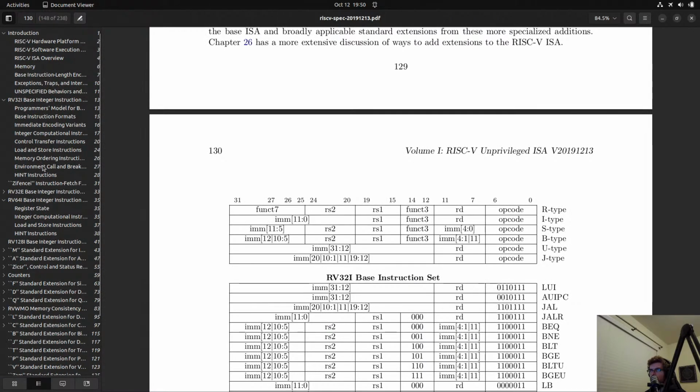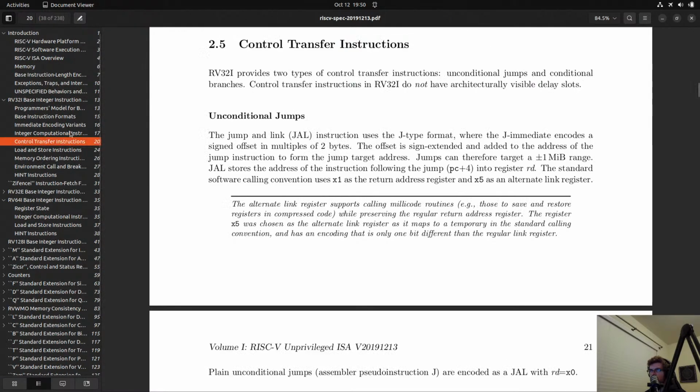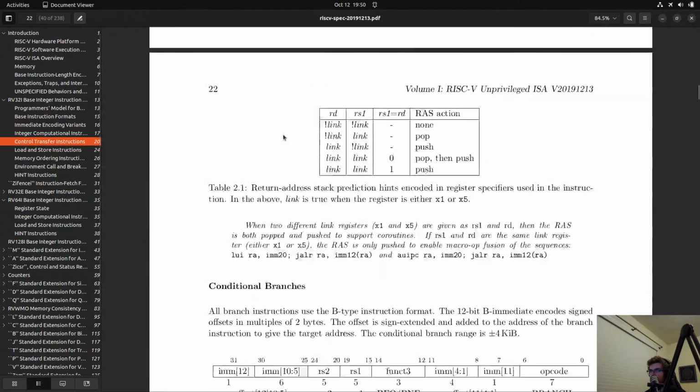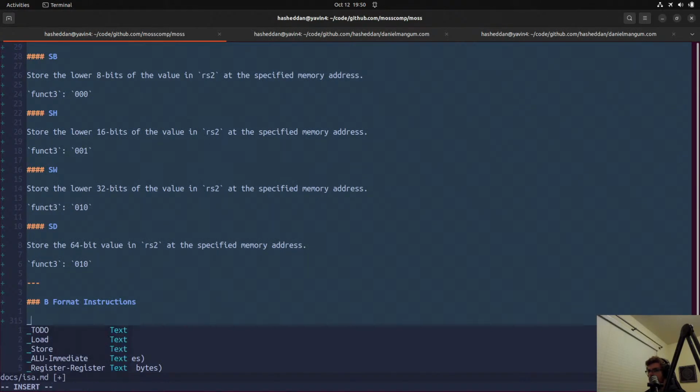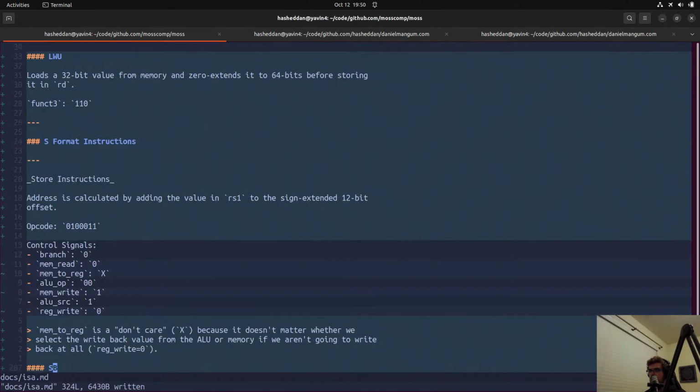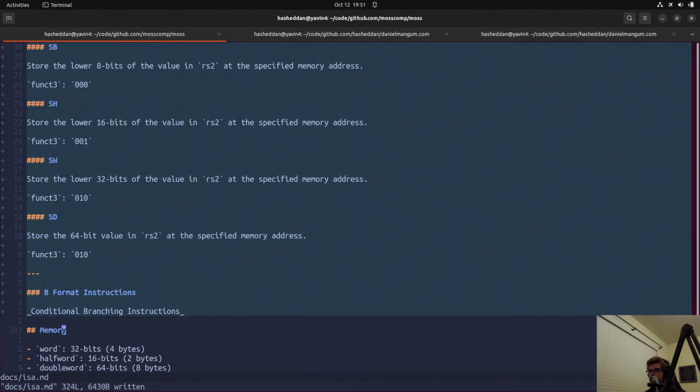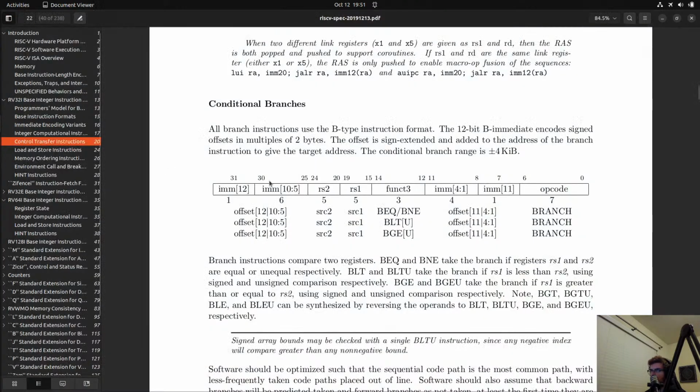So B format instructions, control transfer. Conditional branching instructions. So we have a couple here. Branch if equal, branch if not equal.